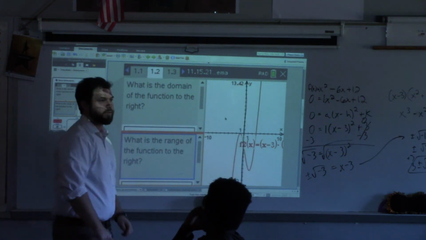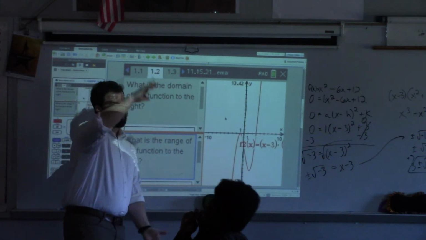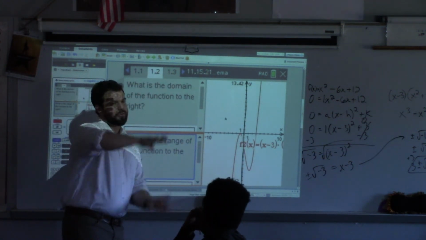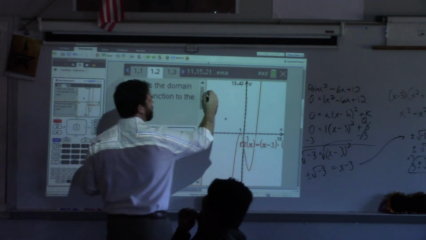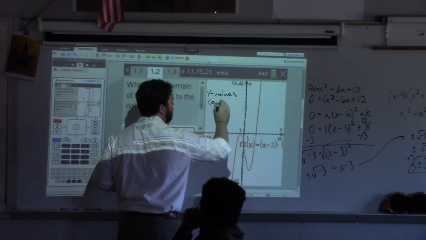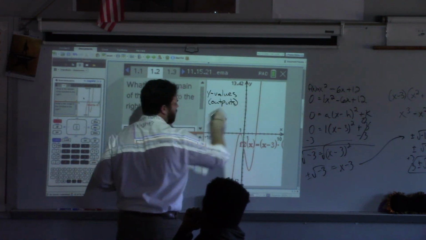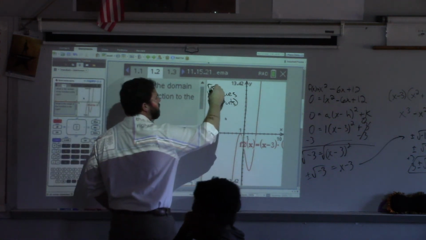How far is this? So it's the y what? Values. It's our outputs, right? Y values are outputs. Every time I do range, it's y values are outputs.